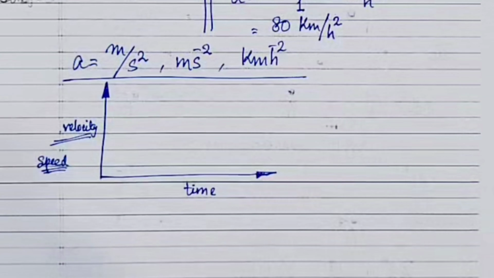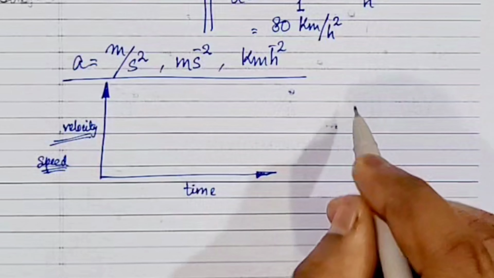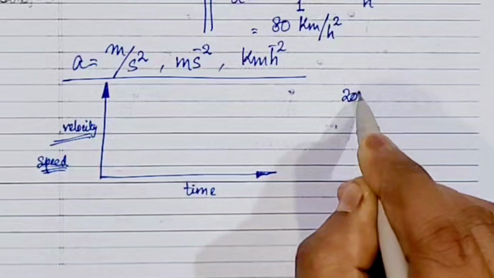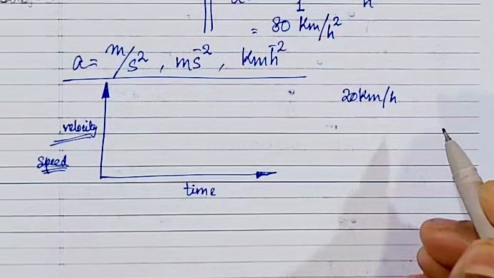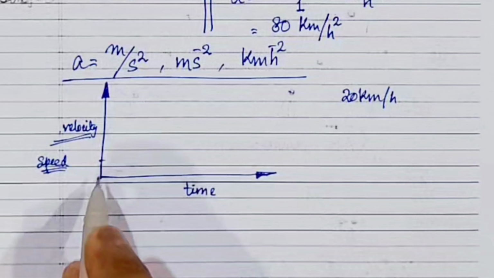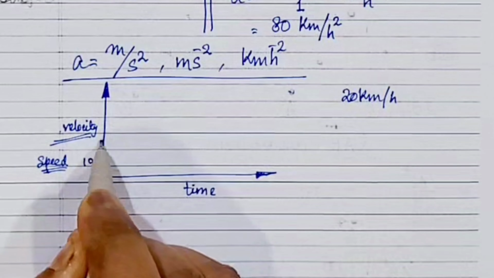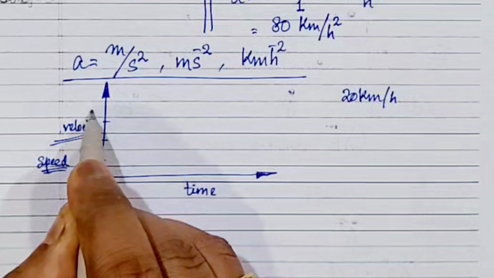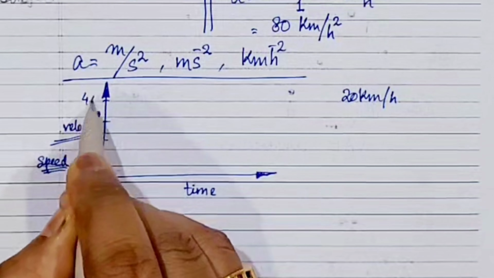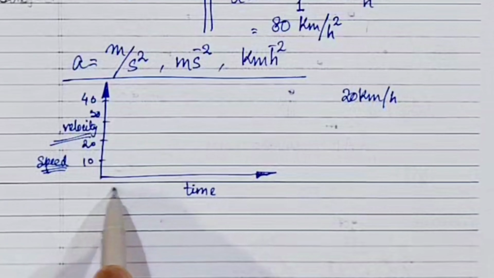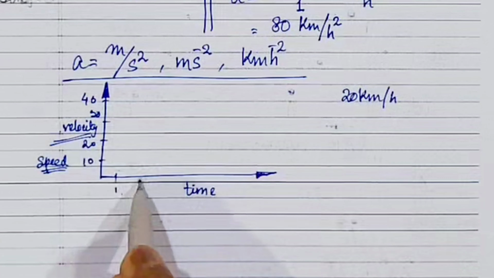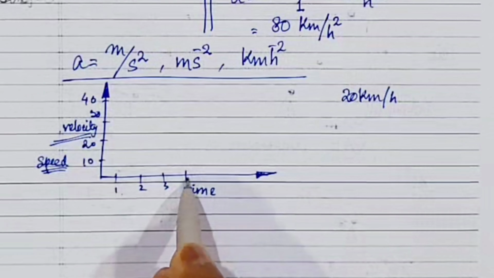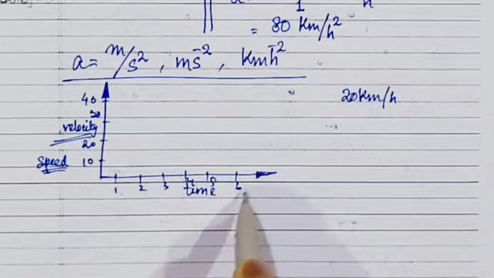Let's say it's a speed versus time graph. If a vehicle is moving at a steady speed of 20 kilometers per hour, then we can plot this. Let's say this is 10, this is 20, this is 30, this is 40. And on the time axis, 1 hour, 2 hour, 3 hour, 4 hour, 5, 6 and so on.